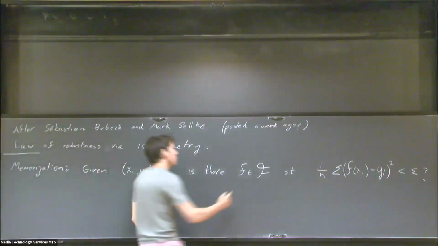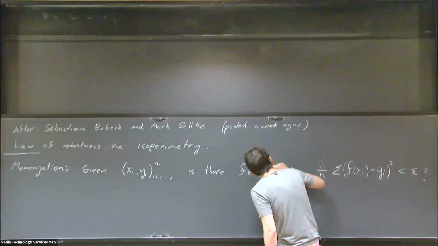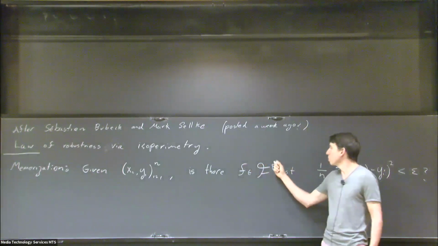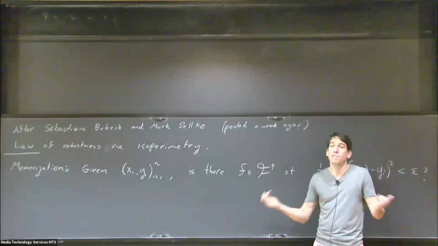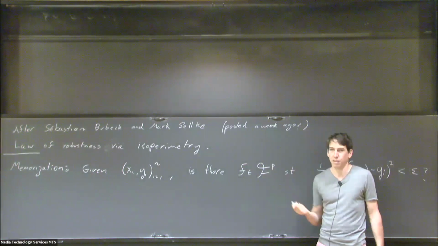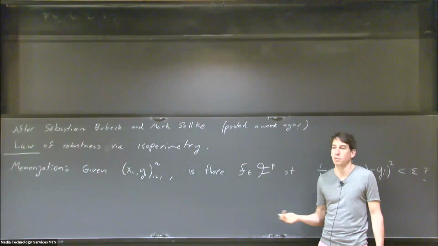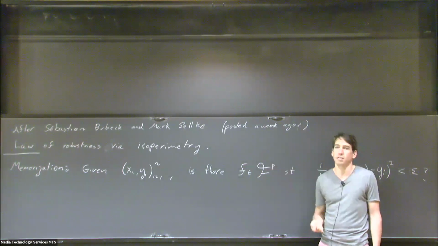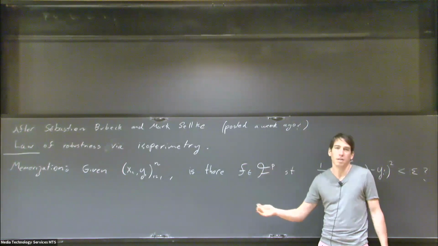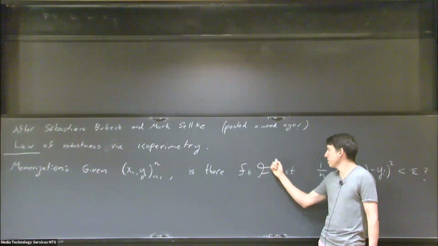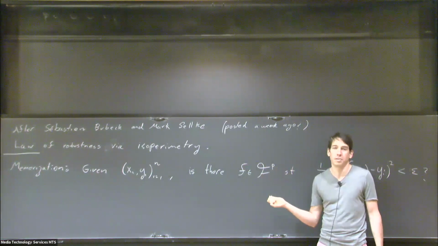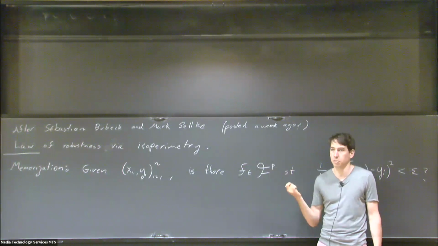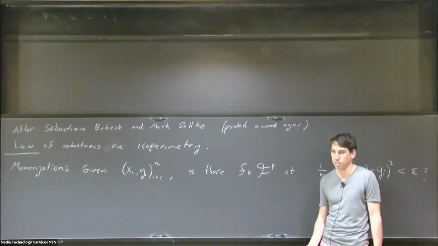And usually the family of functions has some parameter P, so it's usually a family of families of functions. If you think about neural networks, for example, this P can stand for the depth or the width. In general, this will be the number of parameters that we have in order to express a function in the family.